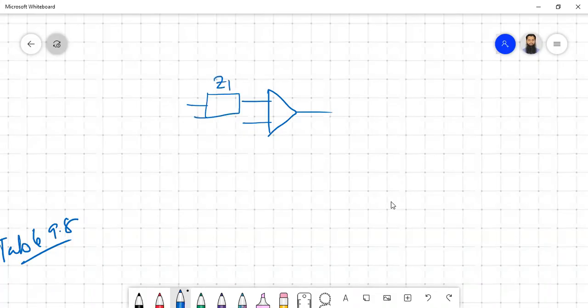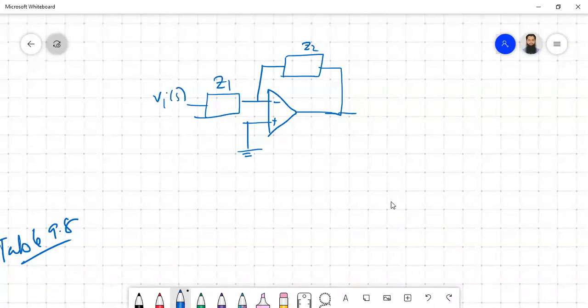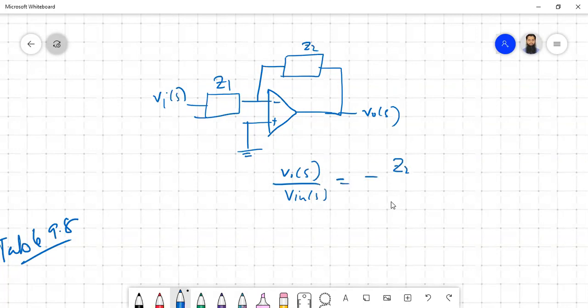So this is your Z1, this is your Z2. This is minus, plus, then you have your ground. This is Vin(s), this is V0(s). We have seen that V0(s) by Vin(s) was actually minus Z2(s) by Z1(s).